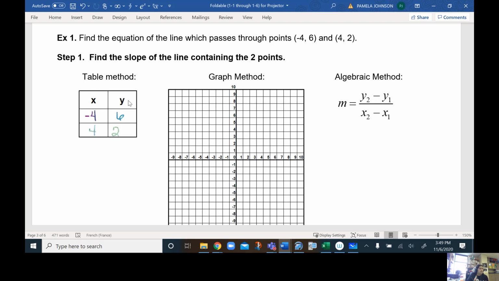Now, table method, you're going to find the change in y. So from 6 to 2, we went down 4, and then we're going to find the change in x. From negative 4 to positive 4, we went up 8. And then slope is the change in y over the change in x. So negative 4 over 8 gives us a slope of negative 1/2.